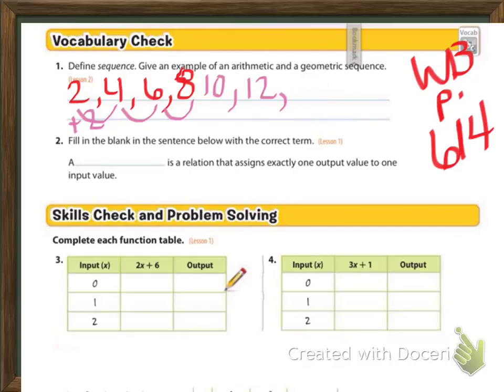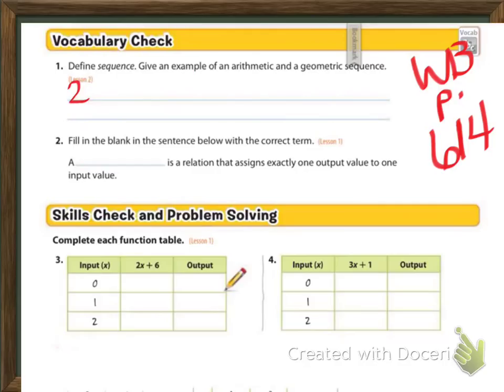Okay. Now you also have to talk about a geometric sequence. So an example of a geometric sequence might be 2, 4, 8, and 16. And that would mean from here to here, you need to figure out what pattern is happening.